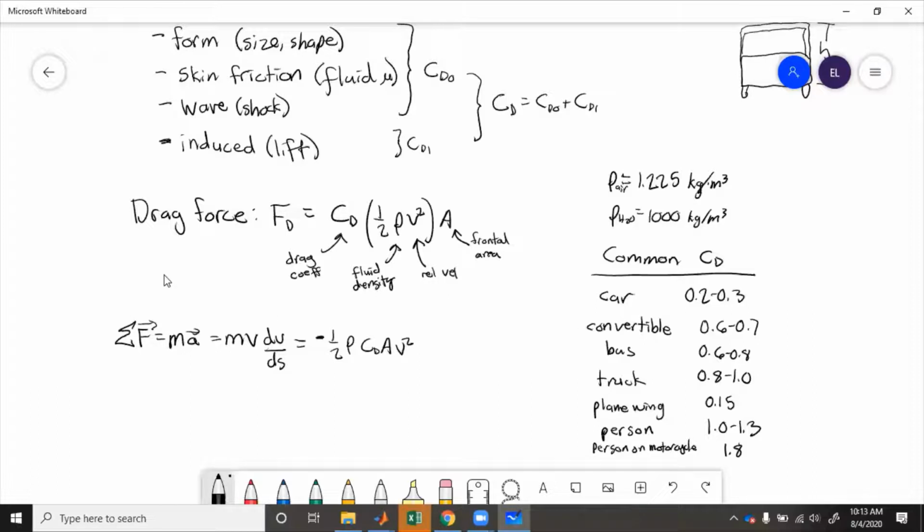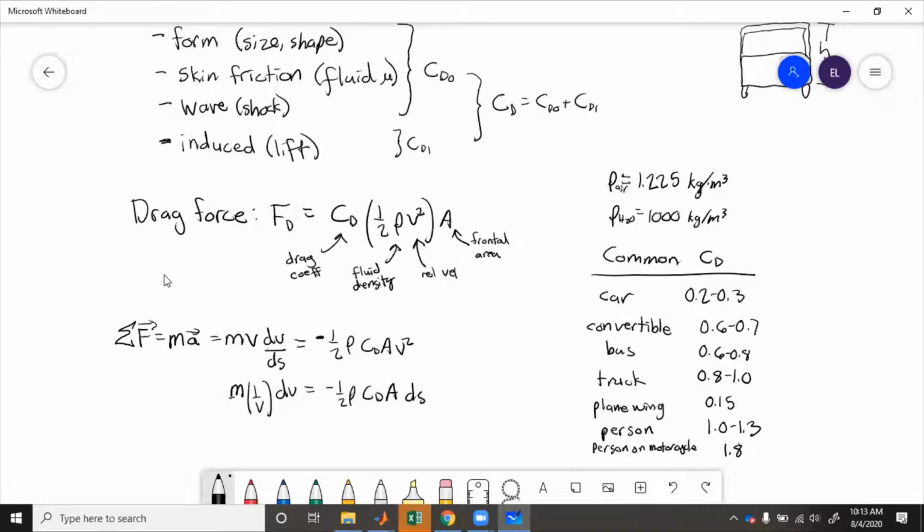So we separate and integrate here. Then we'll have m times 1 over v, because there's a v on each side, so it cancels, times dv equals negative 1/2 rho CD A ds.